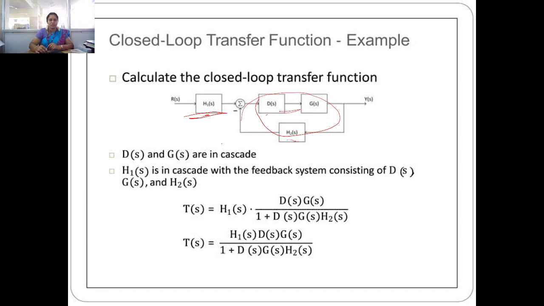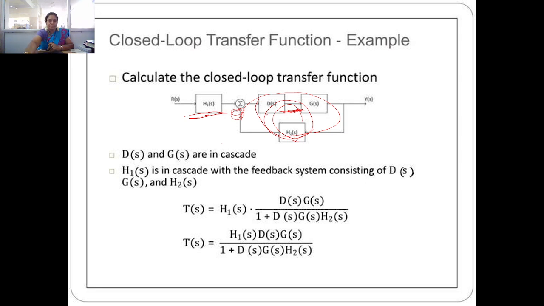These two are in cascade connection, that is D(s) into G(s), a multiplication, and again this is your feedback loop. This is your negative feedback. So your value is D(s)G(s) divided by 1 plus D(s)G(s) into H1(s). This is the overall function.